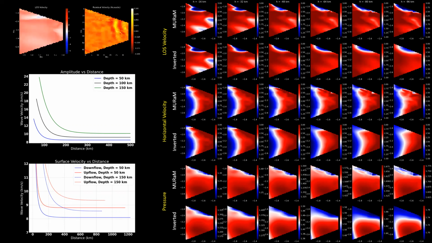We can also estimate the horizontal velocity and the pressure perturbation. You can see that when we go to a deeper layer, the inversion starts to work worse, because over there we have less and less information. The more the acoustic sources can interact with the atmosphere, the more data you have. Since this specific acoustic source was about 116 kilometers deep, we cannot use it to probe anything below 100 kilometers.